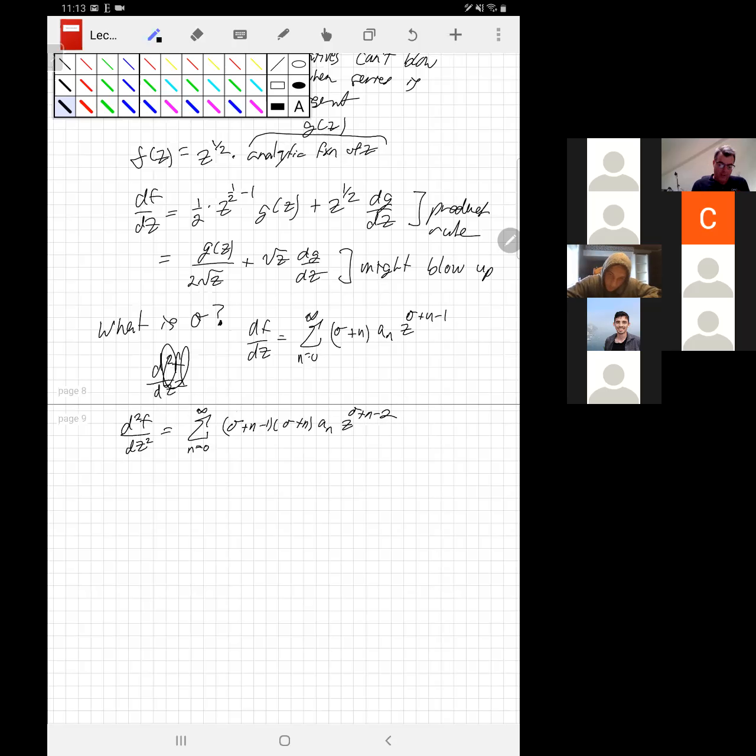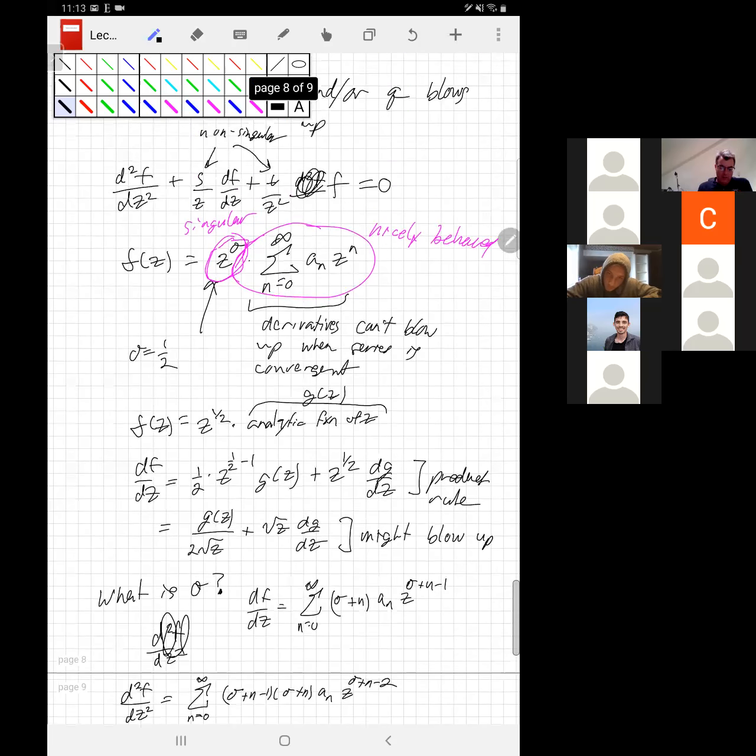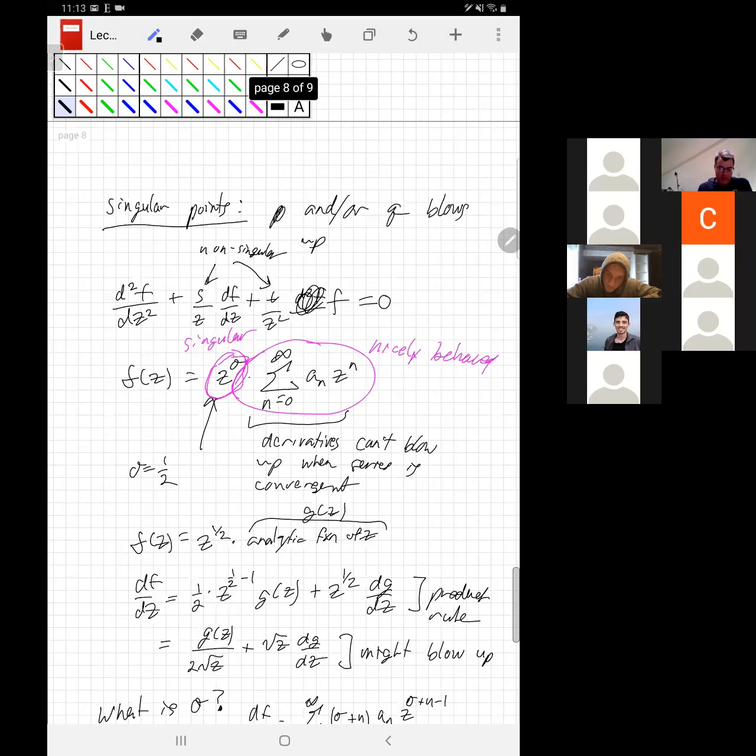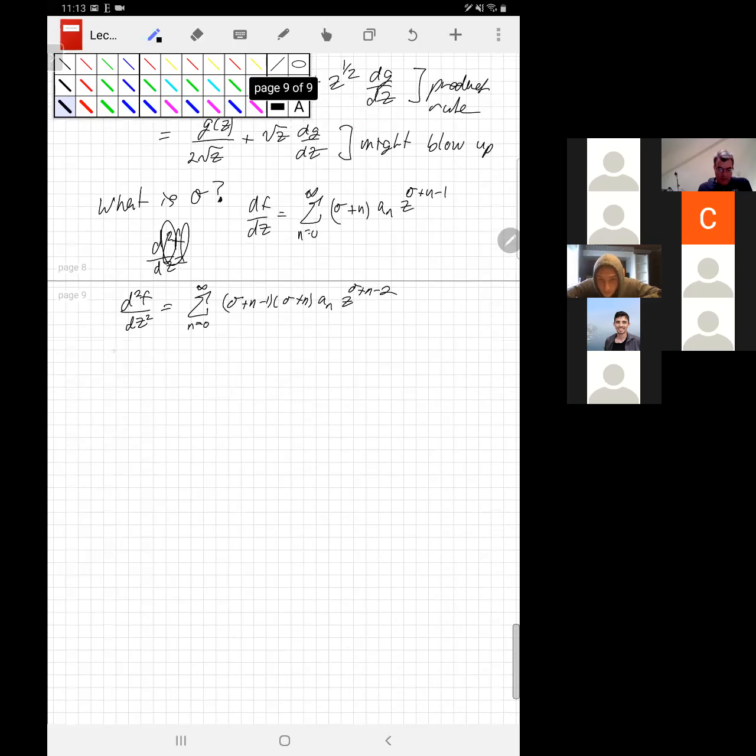And if I put everything together, remembering that I have to divide by z, when I multiply by s, I have to divide the derivative by z, and I have to divide f by z squared. I get that d squared f by dz squared plus s over z df dz plus t over z squared f is equal to this bloody god awful mess.